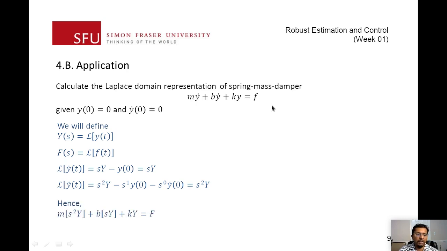So we get m times s squared times Y, plus b s times capital Y, plus k times Y. Then we can just rearrange the terms and we get capital Y divided by F, which is 1 divided by m s squared plus b s plus k. This is called the transfer function and is typically denoted by the letter G.